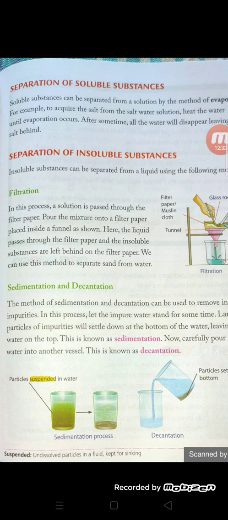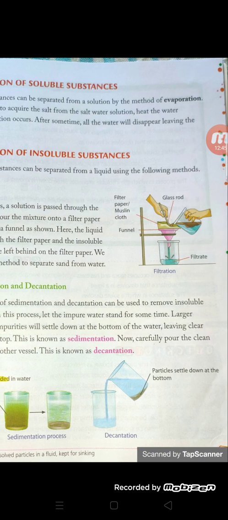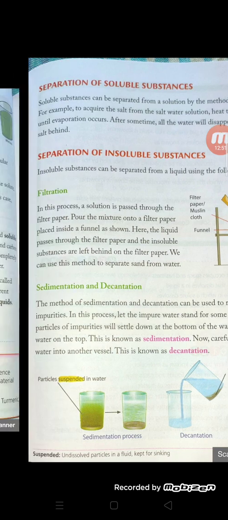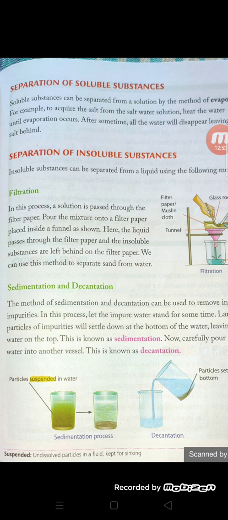So in this process, we will see the impurities settle down in the form of sediments. Now very carefully, without moving the container, we will have to pour the clean water into another vessel, and this process is known as decantation.